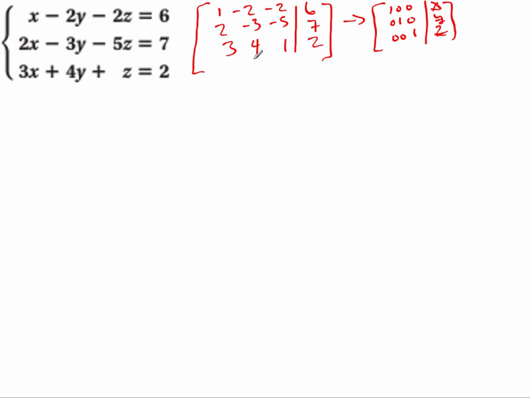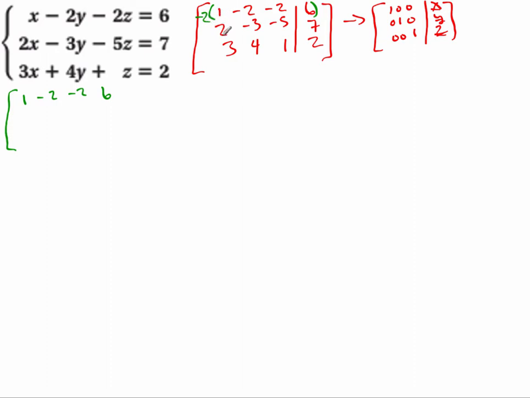So to start with, let me switch pen colors here. Let's take row 1, and I'm going to multiply the entirety of row 1 by -2, add that to row 2, and then replace row 2 with that sum. So I'm going to leave everything else the same. 1, -2, -2, 6. Now I'm going to multiply this by -2 and add it.